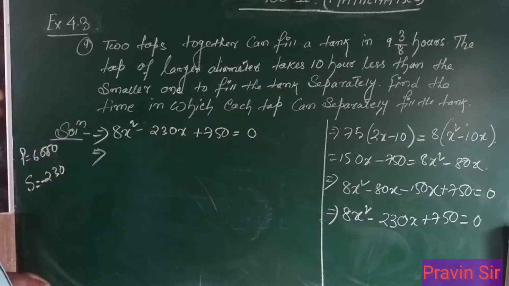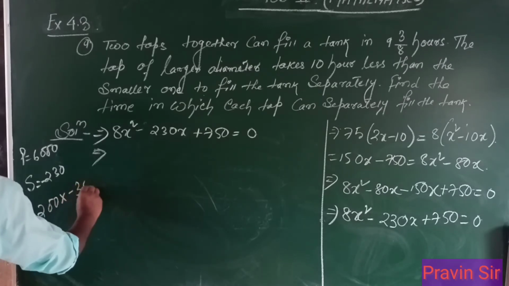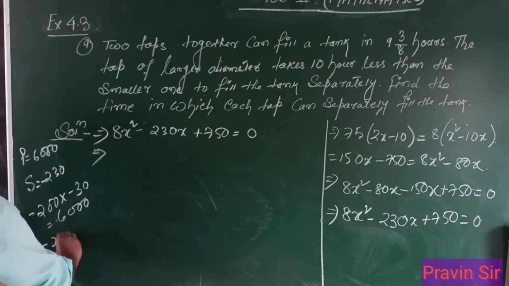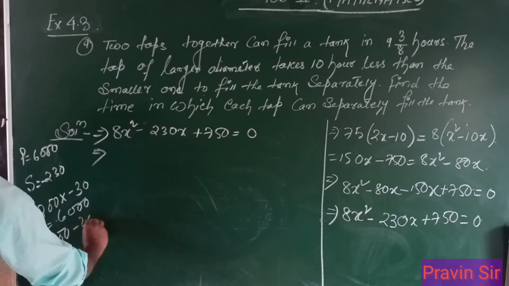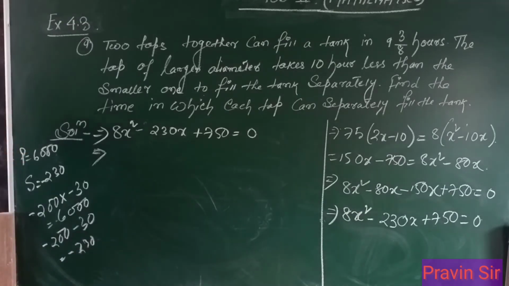Now you have to choose any two numbers which when added give minus 230 and when multiplied give 6000. So if I take 200 into 30, I am getting 6000. If minus 200 minus 30, I will get minus 230. Correct. So the two numbers are minus 200 and minus 30.